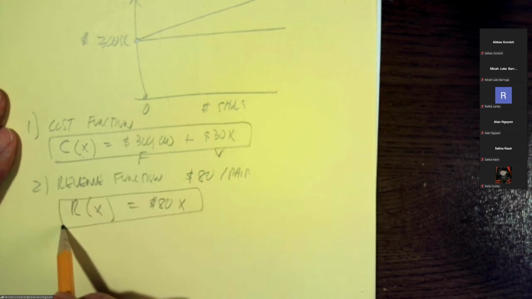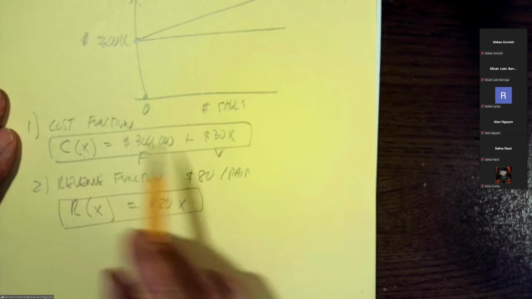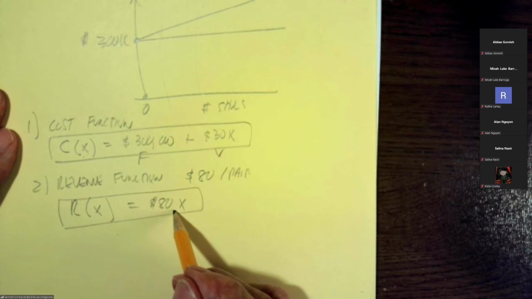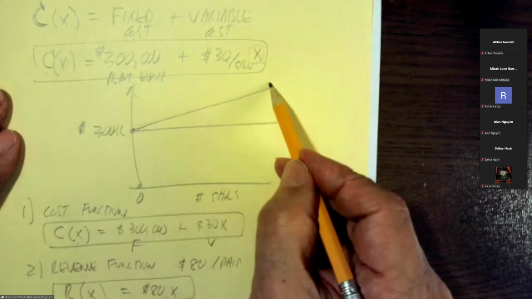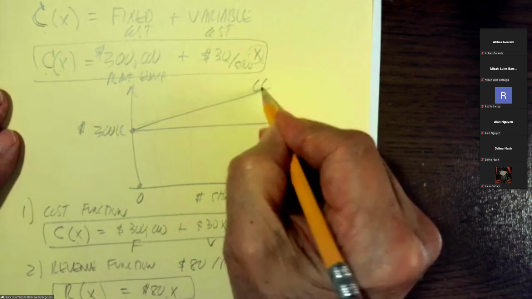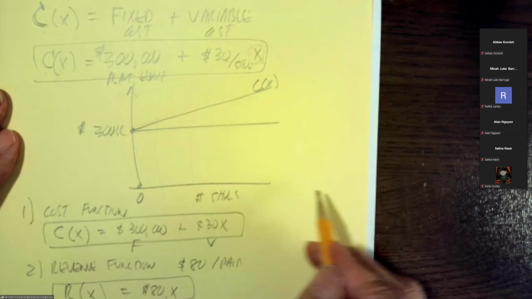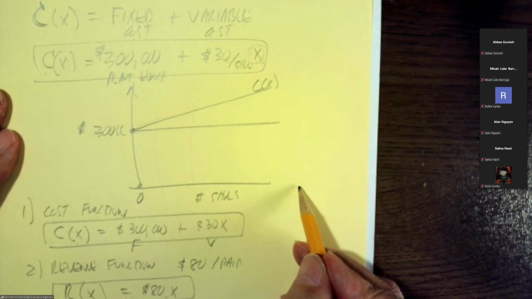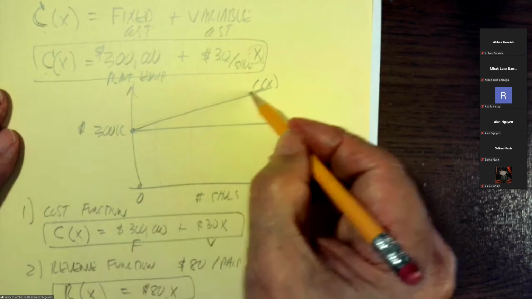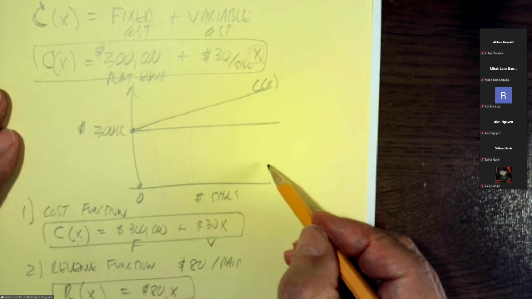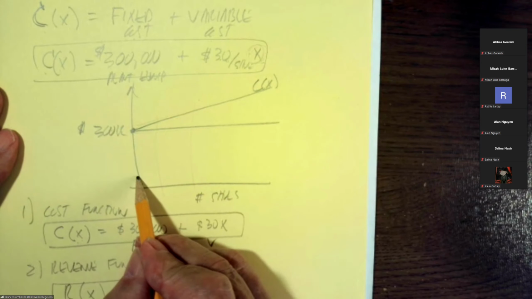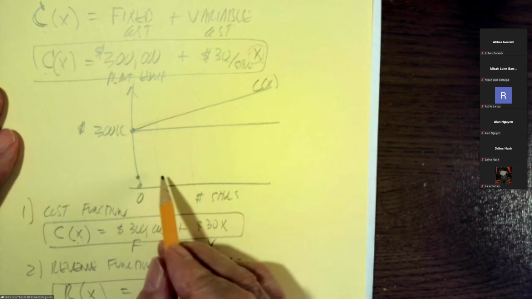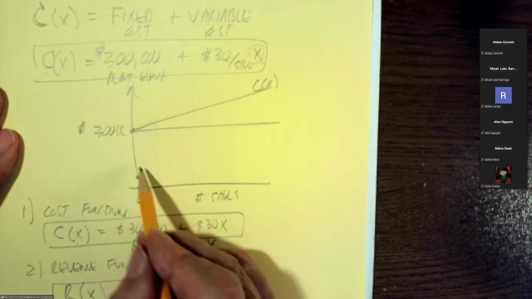Okay, so here's my cost function. Here's my revenue function, and you might be able to see kind of where I'm going with this. Cost function looks like this. So here's C as a function of X. Here's number of shoes. So these are dollars out here. And now if I sell 1 shoe, I make $80. If I sell 100 shoes, I make $800.